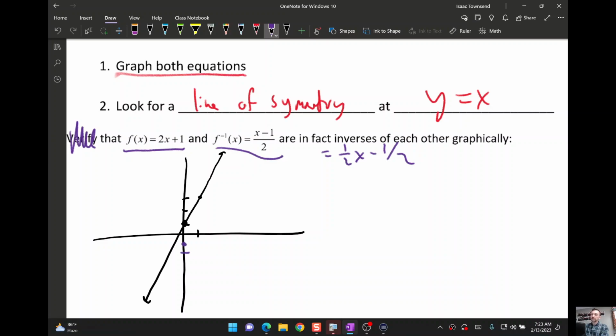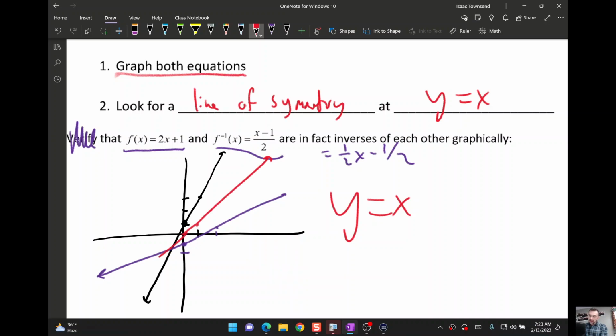A y-intercept of negative 1/2 and a slope of 1/2. And I usually just go ahead and graph the line y equals x also. So y equals x is the graph where all the points, the x value and the y value, are equal. To be a line of symmetry, it should be cutting your overall graph in half, which this one is.